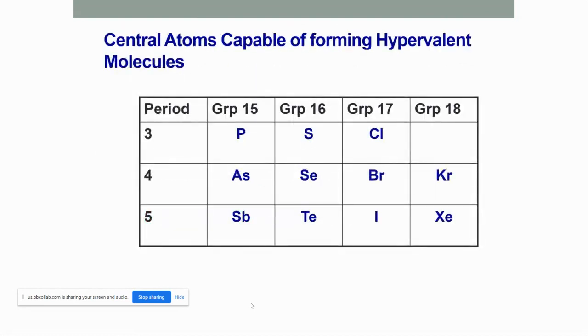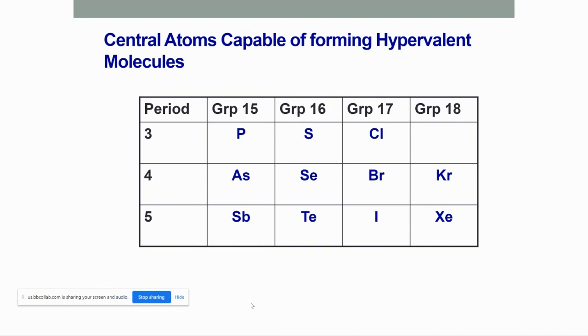Now, think about this. Remember, this exam 4 is also going to be open book. You don't have to memorize where the atoms that violate the octet rule and can form hypervalent molecules reside. Right here, this is the group of atoms that mostly violate the octet rule. They're in group 15, 16, 17, and 18.